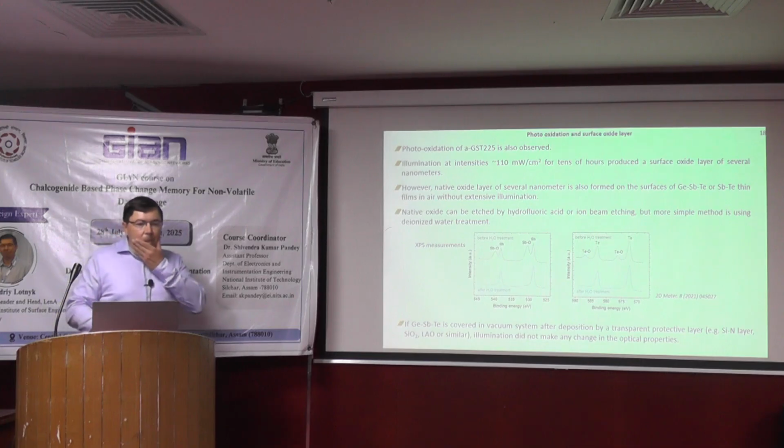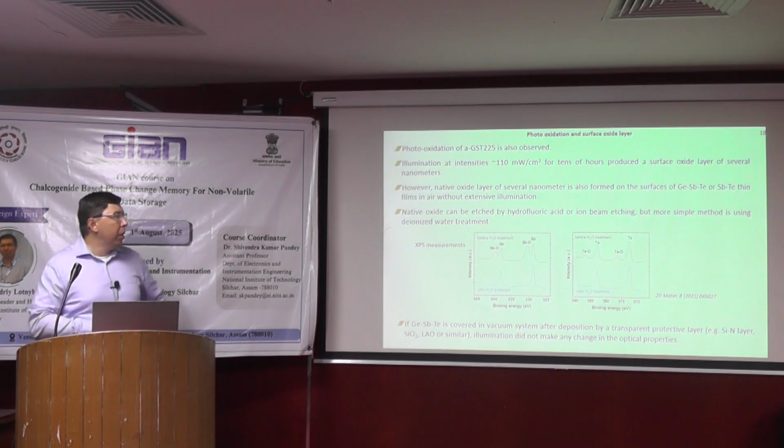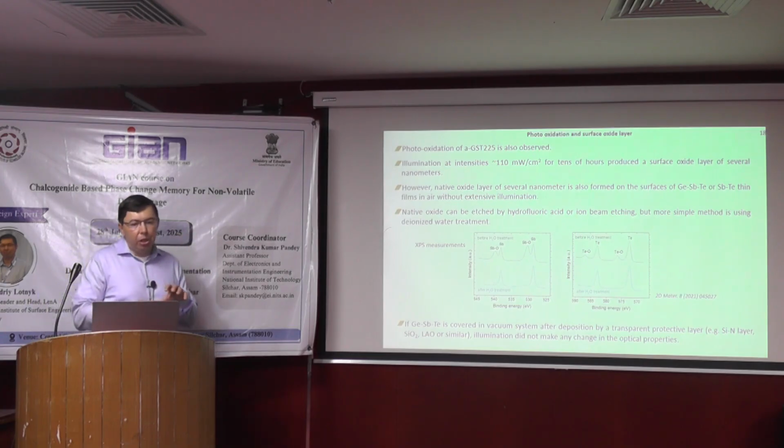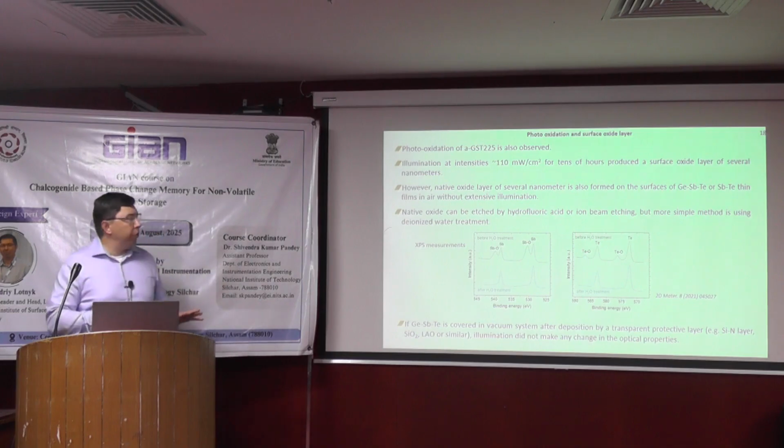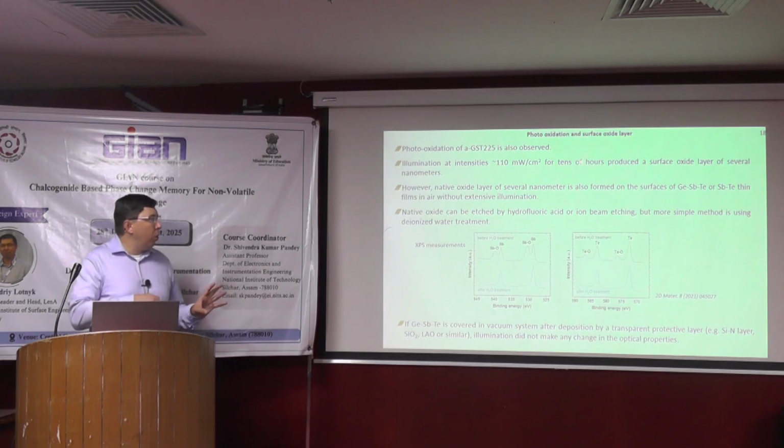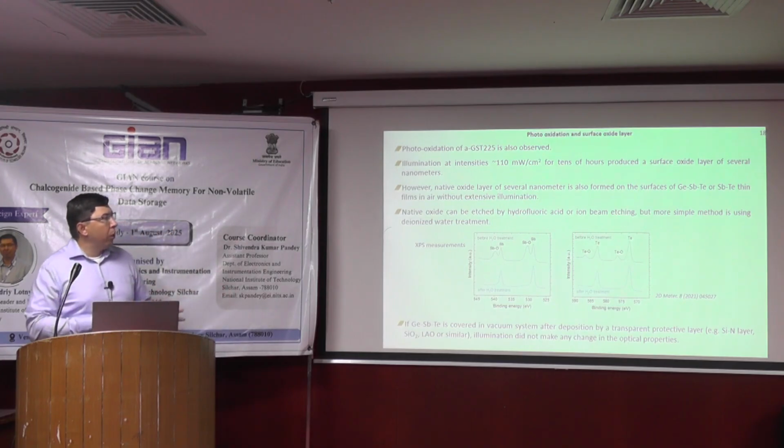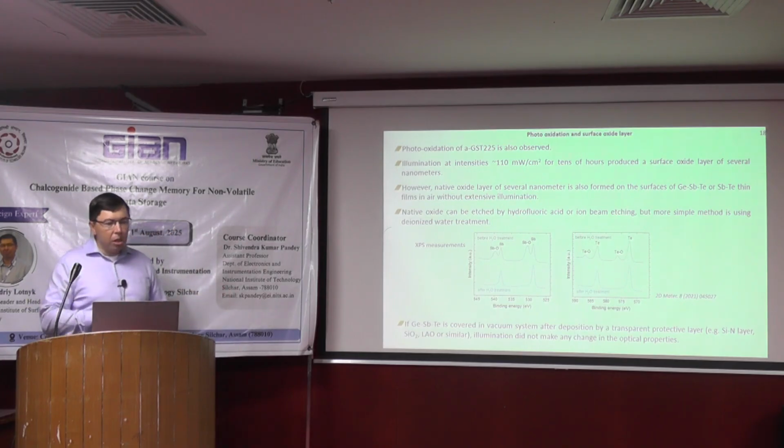Next effect, this is photo-oxidation and surface oxide layer. If you illuminate phase change material with low light intensity for tens of hours, you can produce an oxide layer of several nanometers.